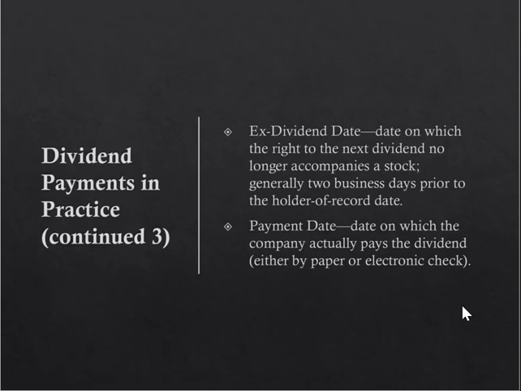The payment date is the date on which the dividend is actually paid. So they may declare the dividend on February 1st. The ex-dividend date may be March 30th. The hold date, the as of date, may be April 1st, and the dividend may be paid on April 30th. So those are all different dates that you need to be aware of if you're buying or selling stock.